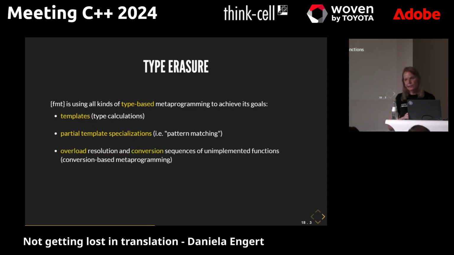We can use overload resolution and implicit conversion sequences to also do metaprogramming. This is called conversion-based metaprogramming. In C++17 we had noexcept-based metaprogramming. Everything that's in a signature can be used or abused as something that you can metaprogram on.